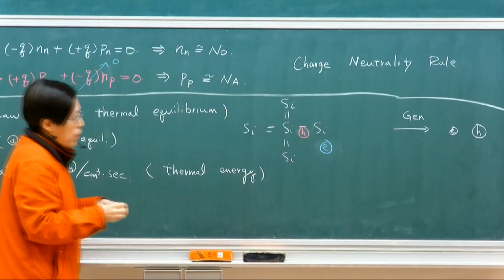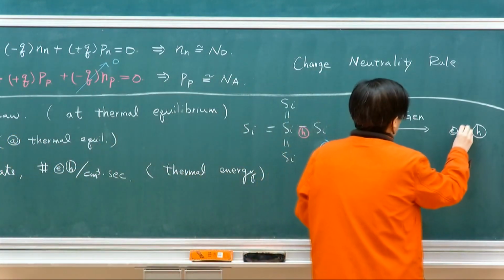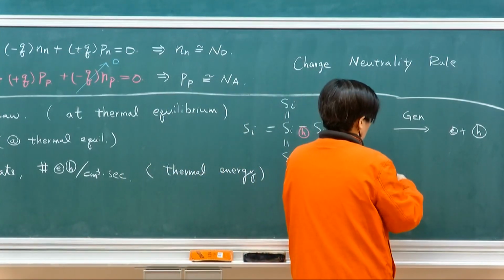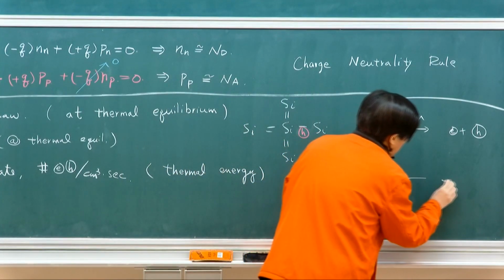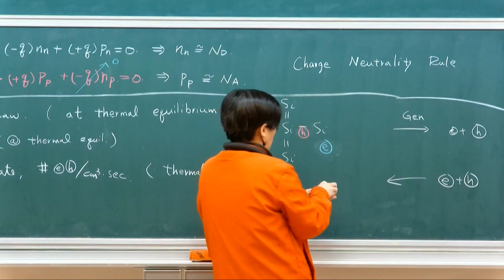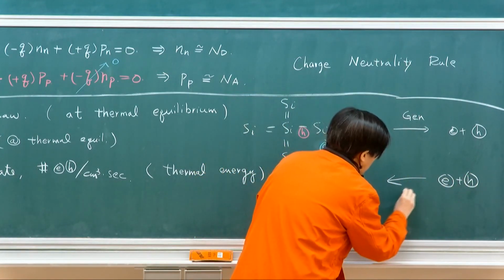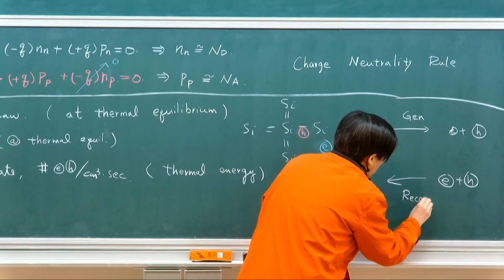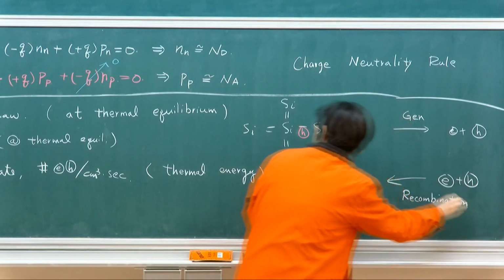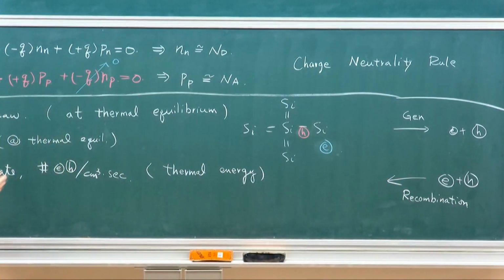But if you think about it, in a reaction there's always a counter reaction, which is that an electron and hole pair will recombine. We call this recombination. So this is the generation rate G, and also there's a recombination.